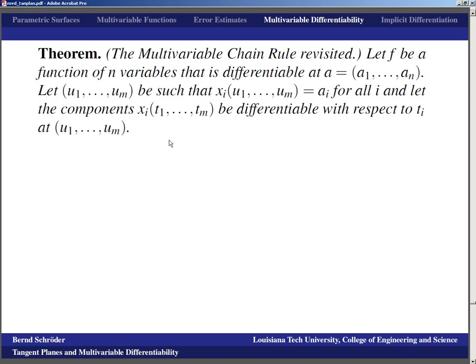Okay, so we're looking at the notion of differentiability here, certainly for the f as well as for the inputs.